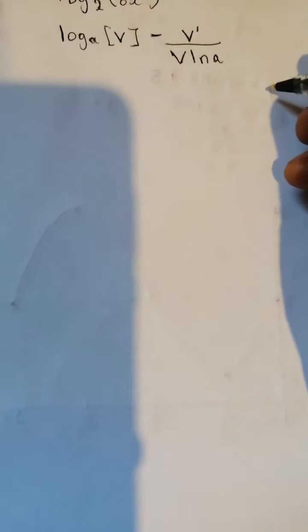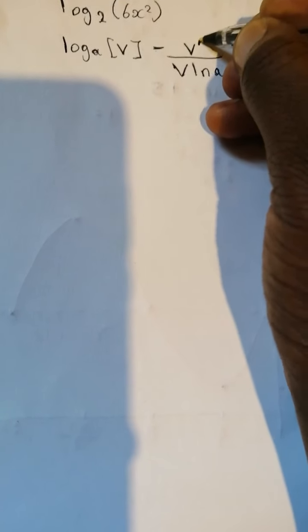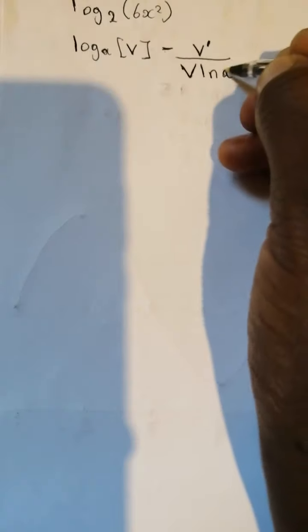Now we know the formula. What we just have to do is to know the value of v prime, v and a.